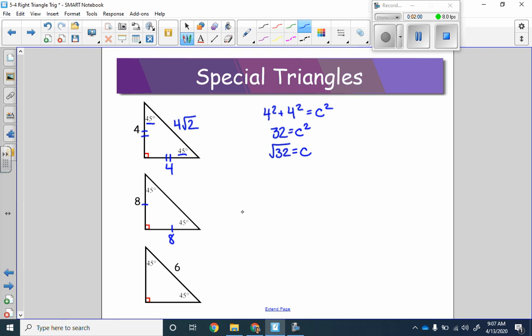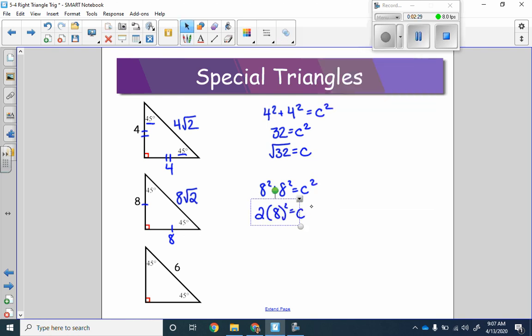If I did the same thing with 8 and 8, so 8 squared plus 8 squared equals c squared, and solve that, you end up with 8 square roots of 2. If you remember that shortcut, the reason we get 8 square roots of 2 is that here you're taking 2 times 8 squared equals c squared.